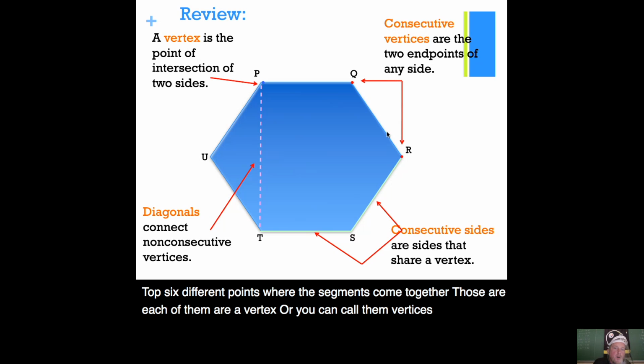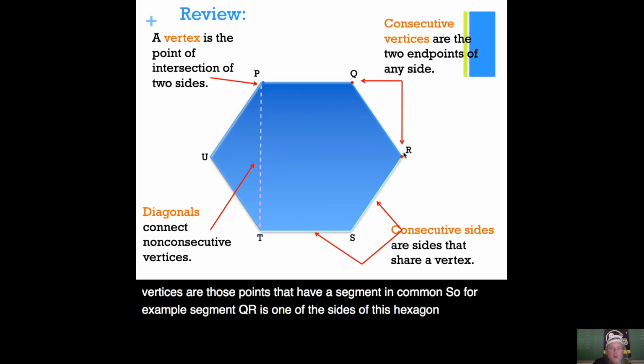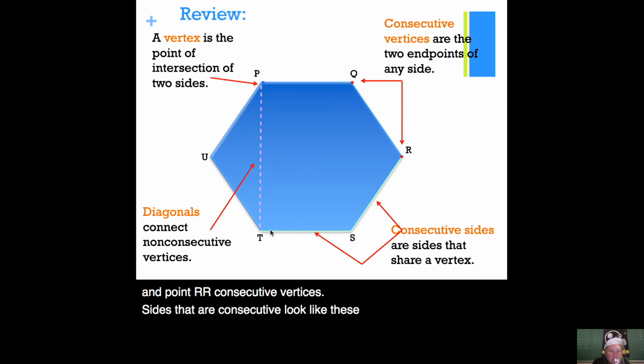Consecutive vertices are those points that have a segment in common. So for example, segment QR is one of the sides of this hexagon. So point Q and point R are consecutive vertices. Sides that are consecutive look like these light green sides. These are sides that share a vertex.